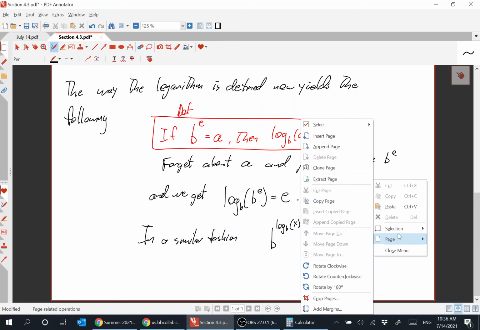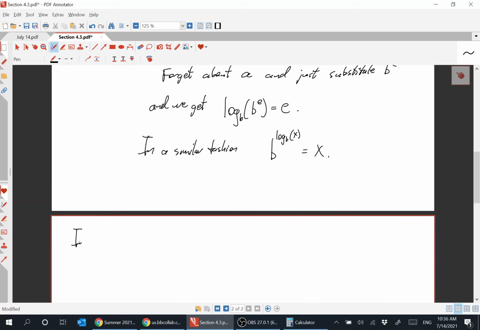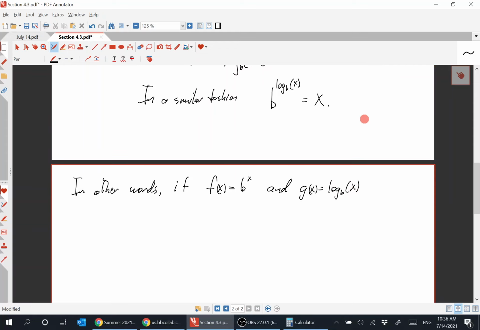So what am I trying to say here? In other words, if f of x is a to the x, and g of x, let's say b to the x, is the log base b of x, then the composition f following g of x is f of g of x.